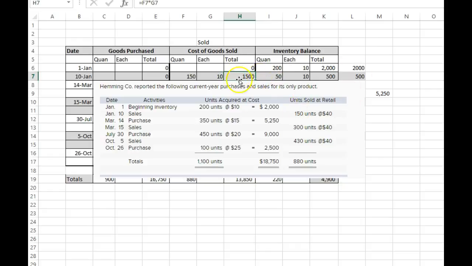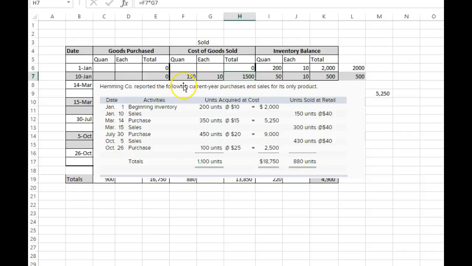And those numbers came from taking the scenario 150 at 40, taking 150, and seeing that I only have that layer of inventory. That's my first amount of inventory I have available to me, and it cost me $10 each. So it's 150 at 10. So I have $1,500 in my cost of goods sold.